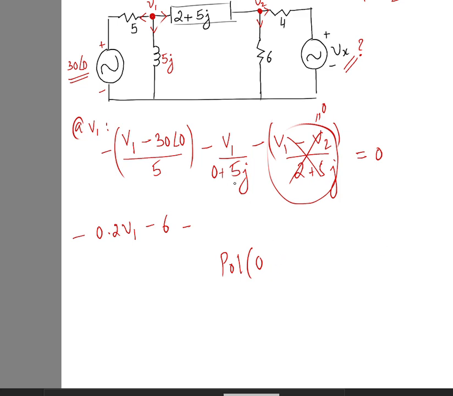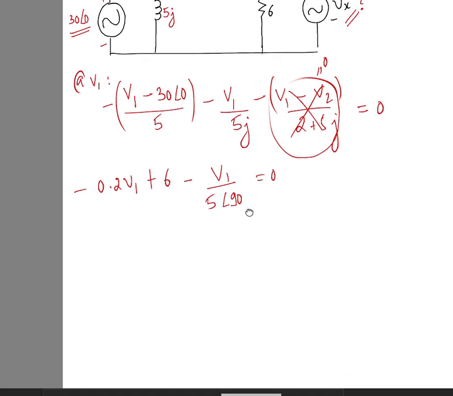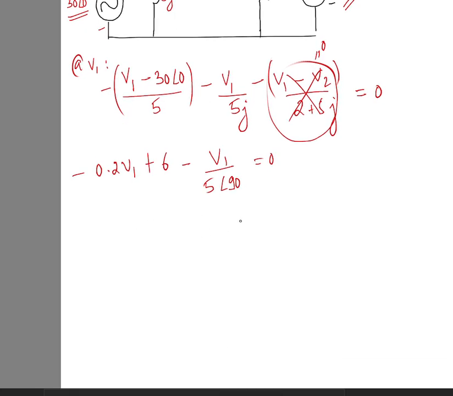So when I convert this rectangular form into polar form, I basically get V1 divided by 5 angle of 90, right? And this is equal to 0. Now, to simplify this, we can bring negative 6 to this side. When you bring the 90 up, this is going to be negative 90.